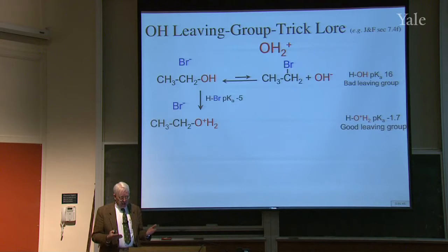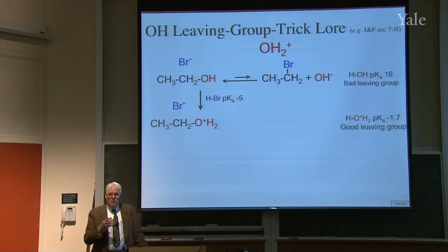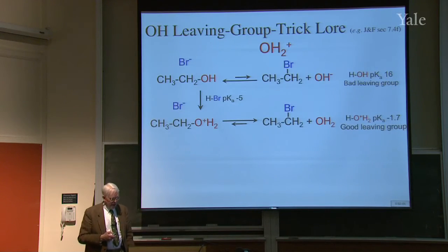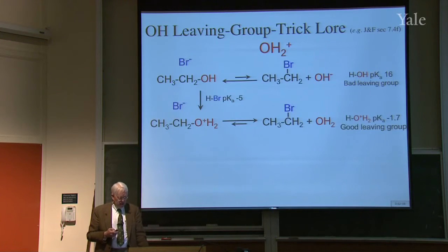So there's a difference between that of over 3. So it's more than 1,000 times better to protonate the oxygen than it is to protonate Br minus. So this reaction will certainly go in the right direction, right? And now you have a great leaving group. Okay, so bromide is a good nucleophile and will displace water.